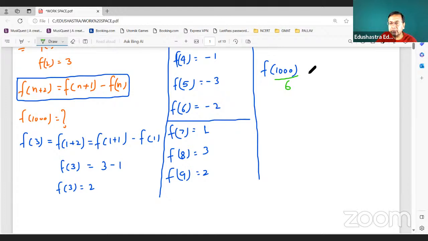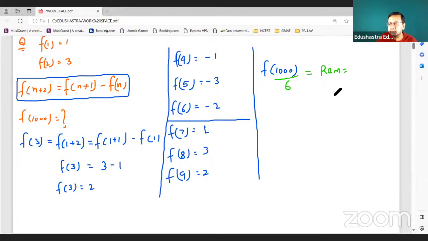And check the remainder. What is the remainder? Yes, the remainder is 4.